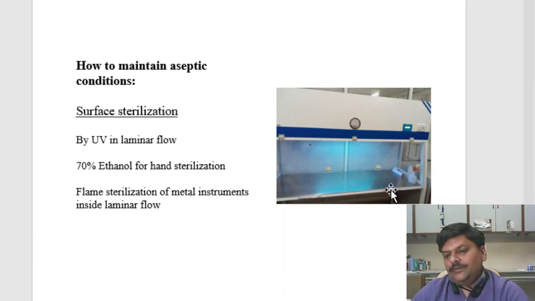So this bench is cleaned by a combination of UV light as well as washing with ethanol, wiping with ethanol, and afterwards HEPA filter will provide sterile air when we start using this bench under normal conditions, when normal lights are on and UV lights are off.